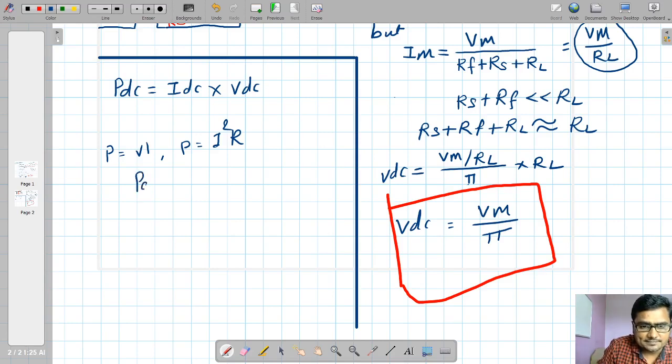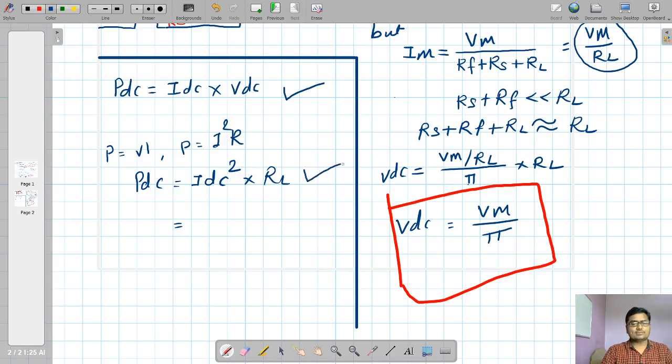Is it? In the form of resistance, I can write IDC square multiplied by RL. This form of power, IDC multiplied by VDC, is completely fine. Even if you write IDC square multiplied by RL, then also it is okay.